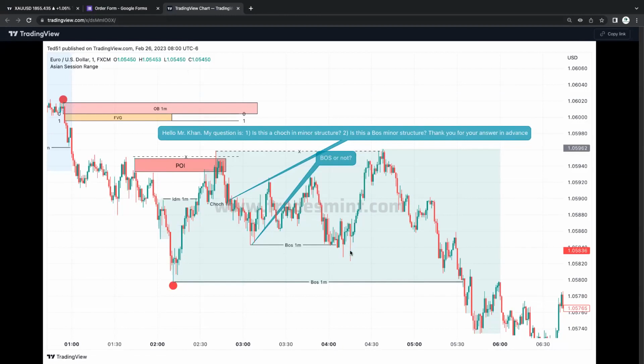Right now, this is not a BOS, this is just liquidity. But if price mitigates this extreme and then pushes downside, breaking this one, you can consider it a BOS. But when the market sweeps the previous high or low, internal and external structure, both act like liquidity and the market gives momentum before the drop and before the upside move.